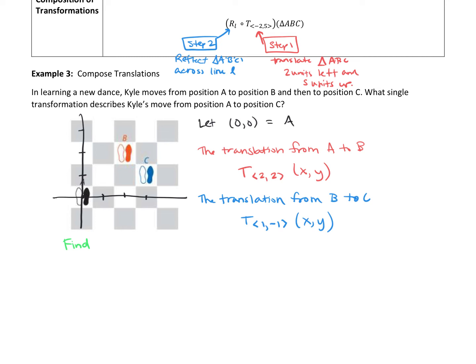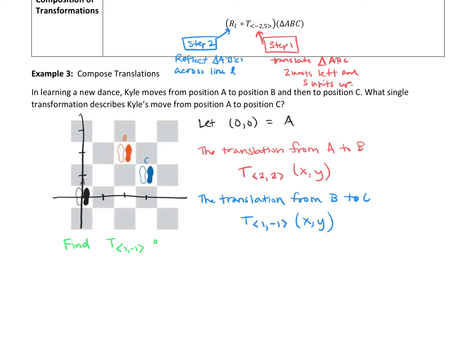We want to find a new rule that would have us do this translation of this translated image of our starting spot. So we're going to find the translation of 1, -1. We get that little open circle.